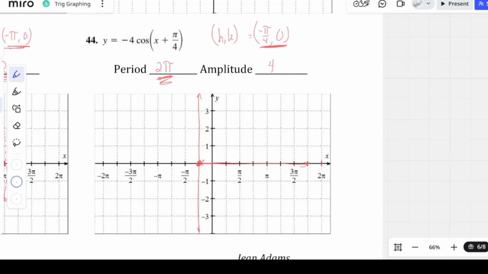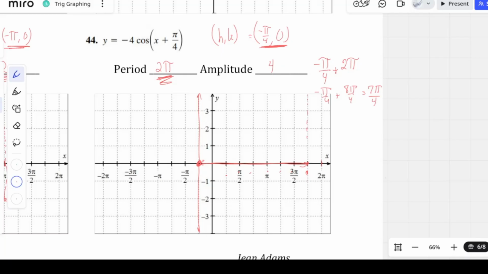Where do you end up if you start at negative pi over 4 and you move to the right by 2 pi? One, two, three, 4, 5, 6, 7 pi over 4.